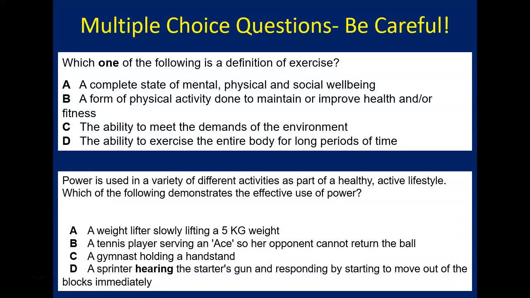And finally D, a sprinter hearing the starter's gun and responding by starting to move out of the blocks immediately. So hearing a gun would link to reaction time as well. So if we go back to B, a tennis player serving an ace, so her opponent cannot return the ball, would be the correct answer, as that involves speed and strength.